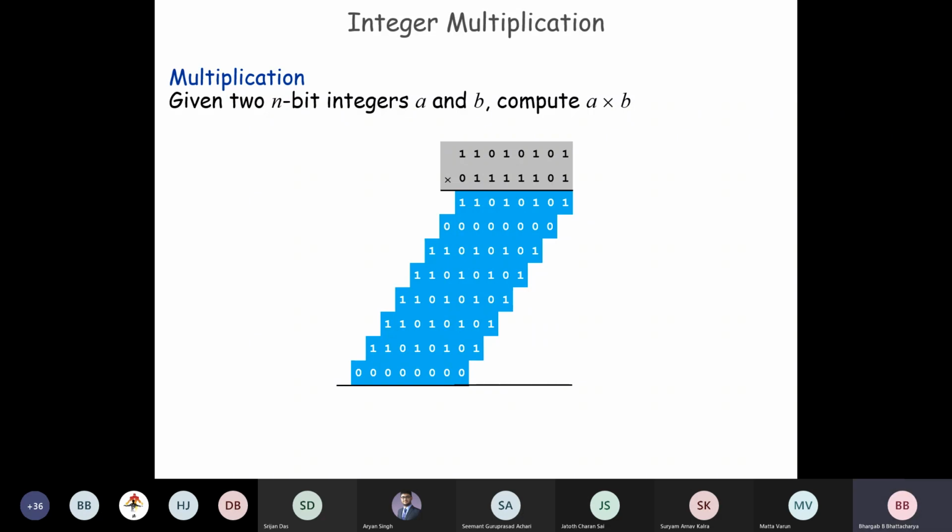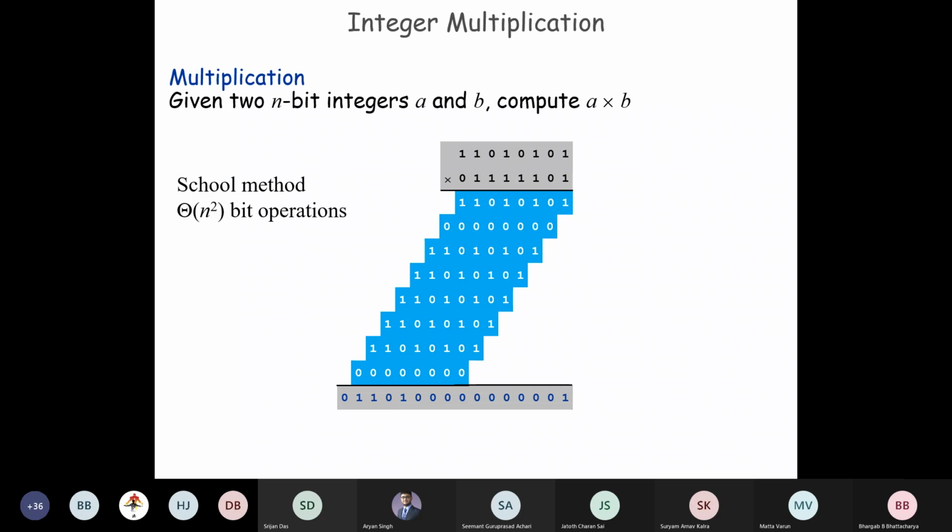These partial products, which are quadratic in size. So this is the school method. Does it need theta n square bit operations?